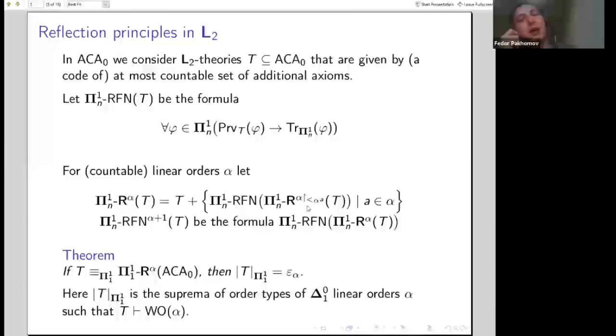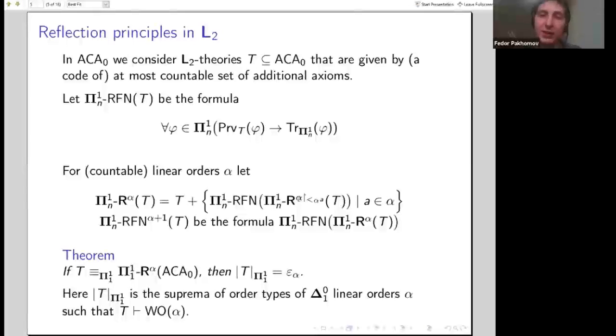But in second-order arithmetic we couldn't do this directly, because those are linear orders rather than ordinals. So one should be careful about these things, and what I wrote is a correct version. Of course, if one doesn't want to be precise, one could just write, say, all betas less than alpha. It will be morally the same thing, but one should be careful about what exactly this means.